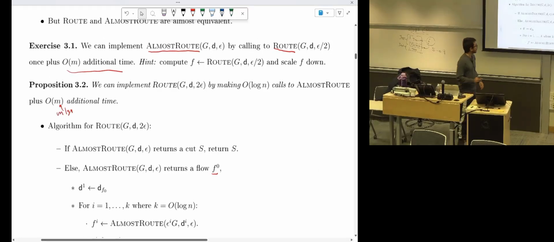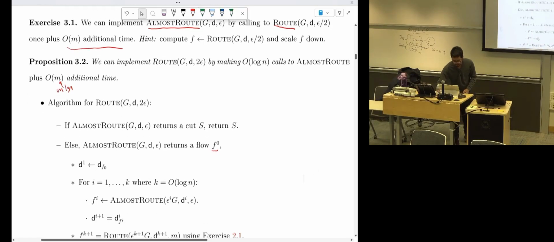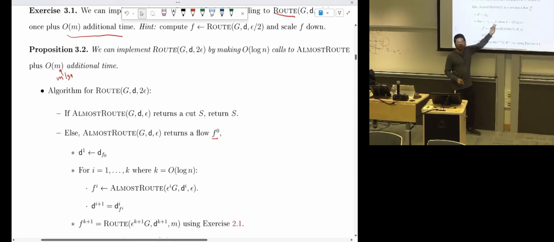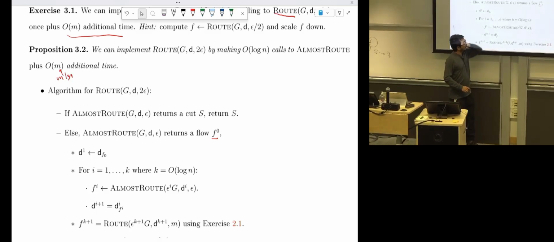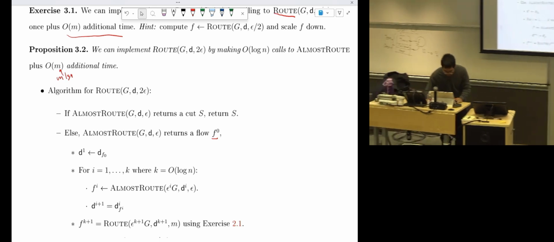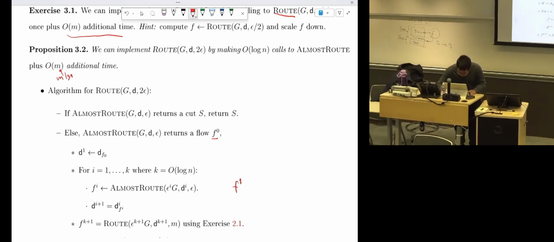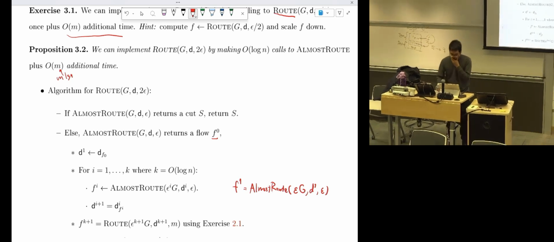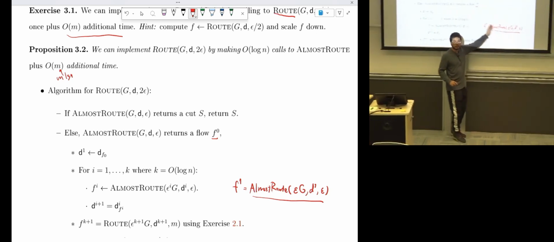Now we're going to loop for log n rounds. Let's look at the first round. It's just calling almost route on epsilon G with D1. This is the first loop in this for loop.